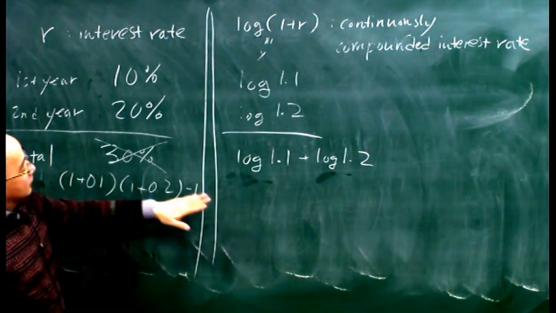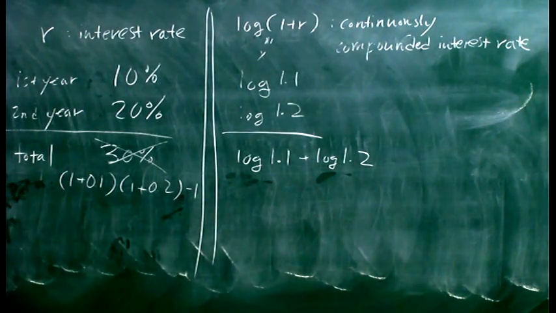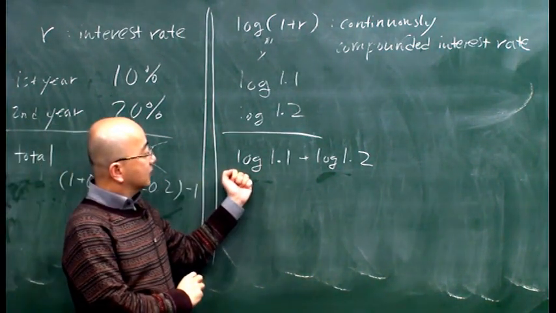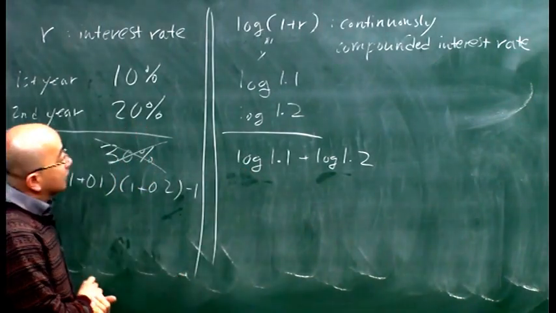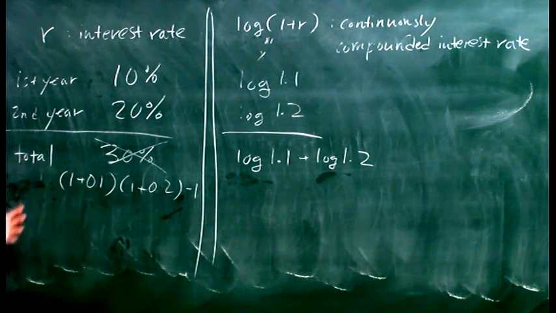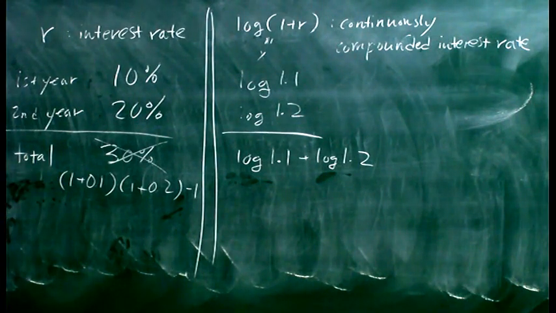This example shows that if you work with the continuously compounded interest rate, adding interest rates becomes easier. Instead of multiplying like this, you can simply add continuously compounded interest rates over different periods. That makes life easier, and that's why people prefer the continuously compounded interest rate.